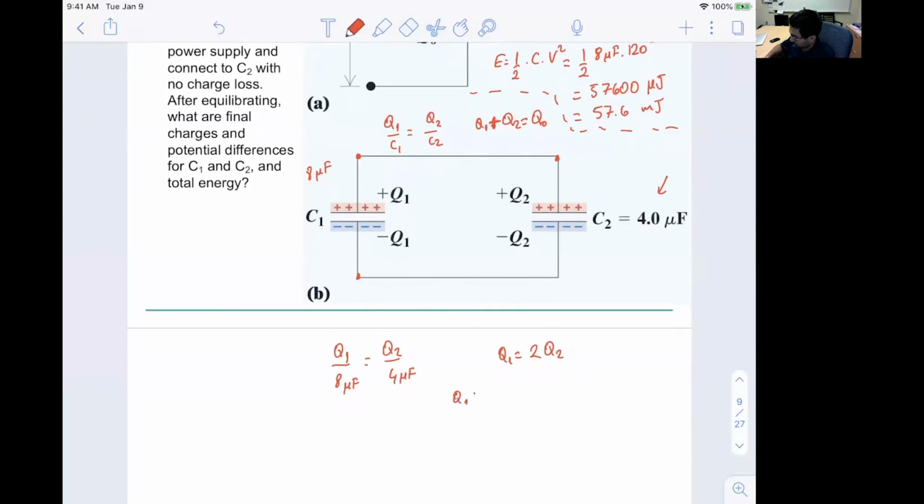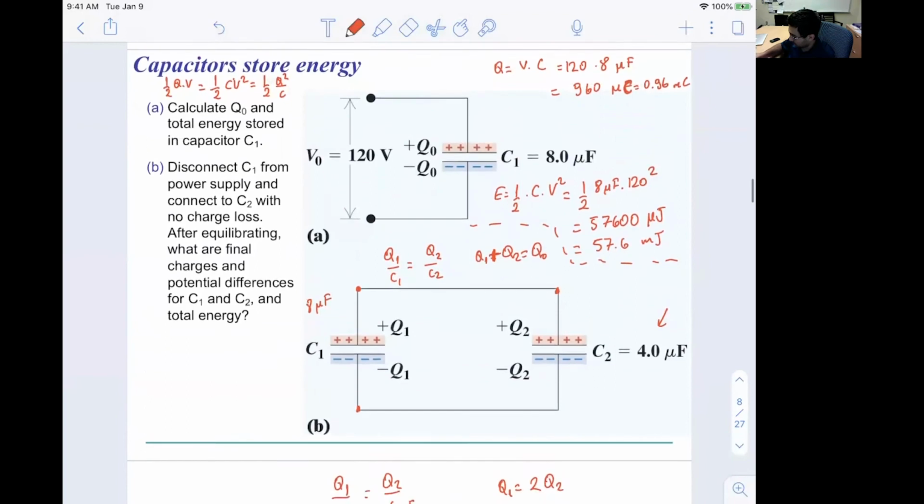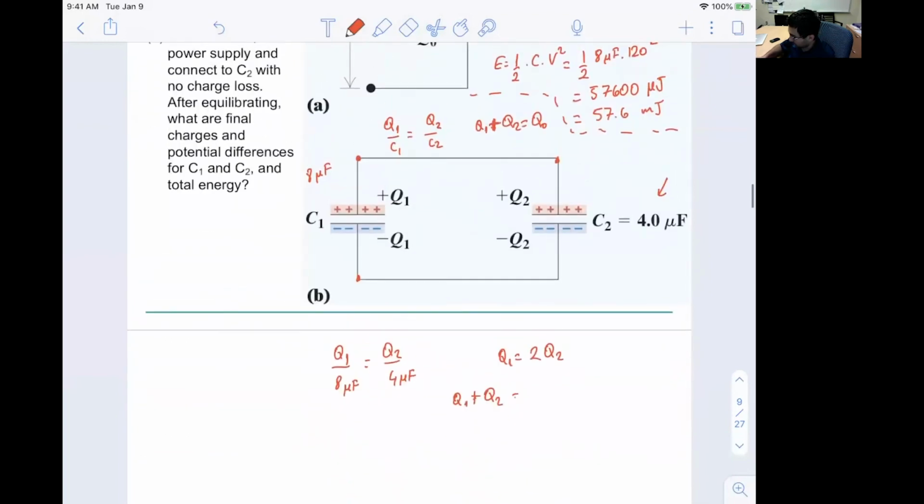And Q1 plus Q2 is, we know it, 960 microcoulomb. I can plug in Q1 here, then Q2 will be 960 divided by 3 microcoulomb.